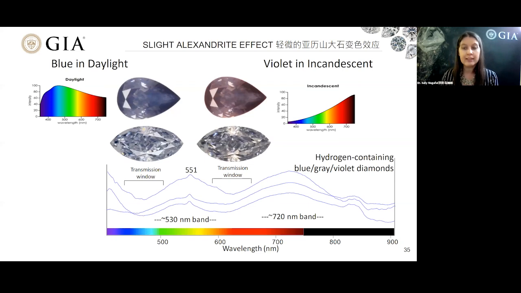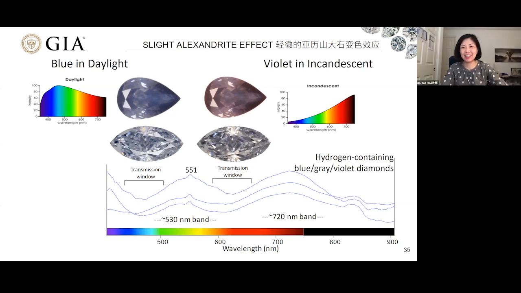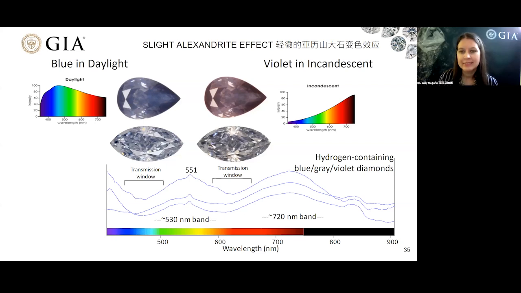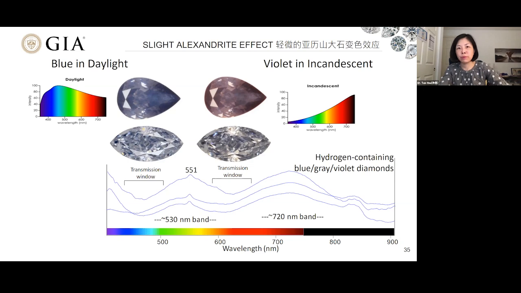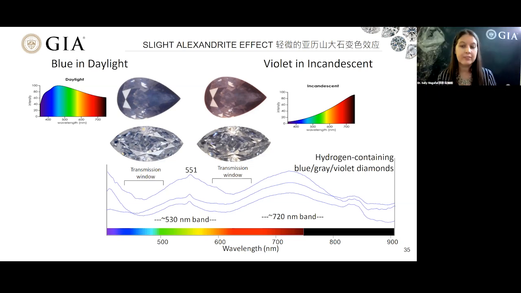Light the stone in incandescent light, then the transmission is predominantly within the red. 这些蓝钻还会有轻微的亚历山大变色效应，因为您看底下的光谱有两个鼓，两个鼓的地方我们叫两个透光窗，光源不一样，钻石显示的颜色也不一样。在白炽灯下红色的部分多一点，就显带粉色的颜色。If you light the stone in daylight, then the transmission window in the blue is the one predominantly seen.